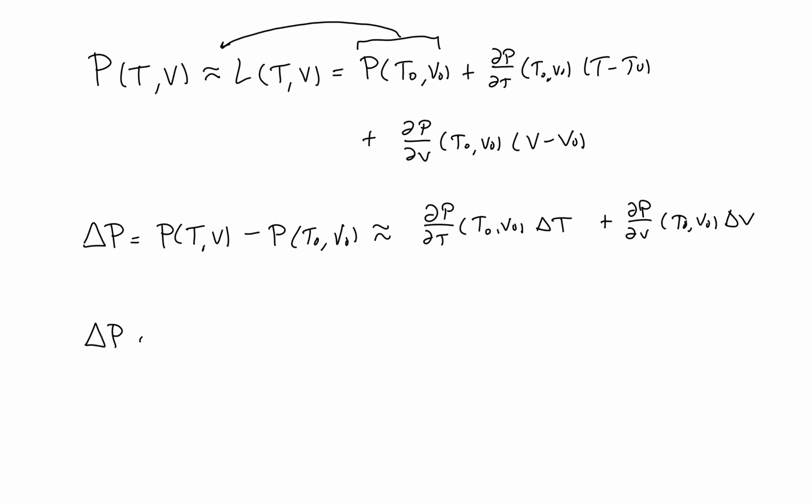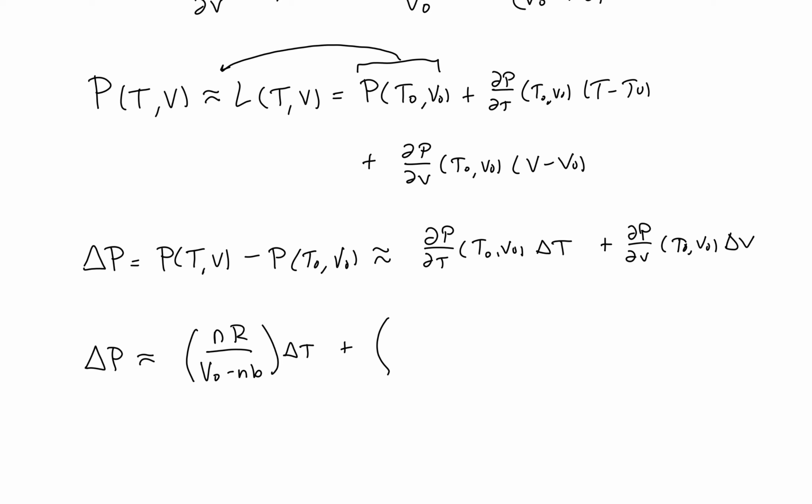So delta P is approximately nR over V0 minus nb, delta T, plus 2n squared a over V0 cubed minus nRT0 over V0 minus nb squared, delta V. And that gives us our approximation.